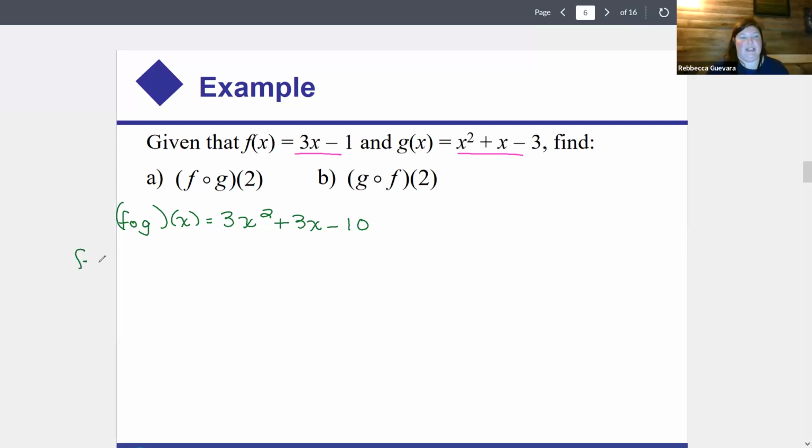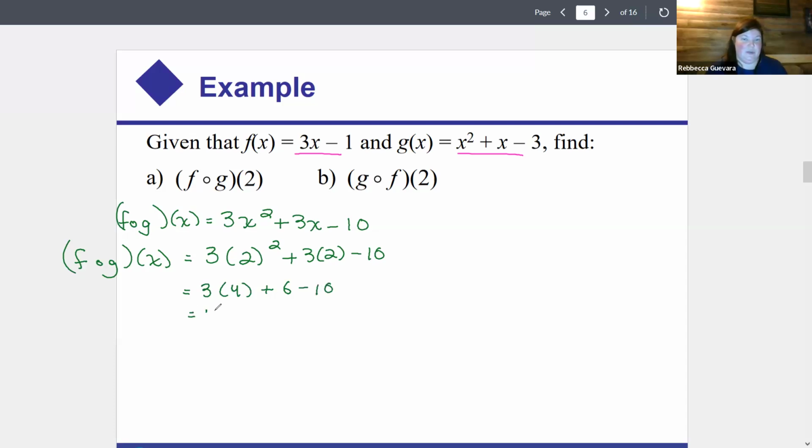So all we're really being asked to do here, if you already had found your function, is replace all your x's with 2's. So we're going to get 3 times 4, and then this is 6 minus 10. So this is going to be 12 minus 4, so this is an 8.